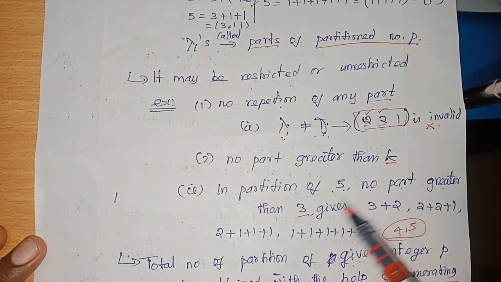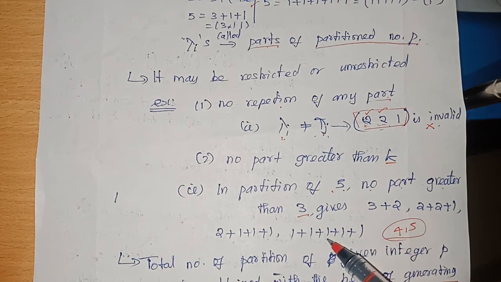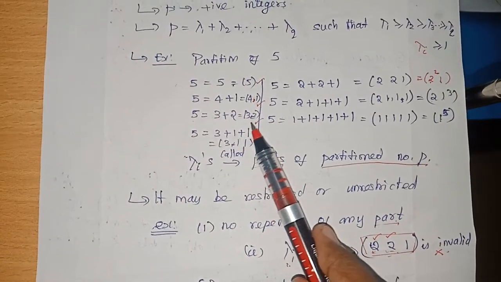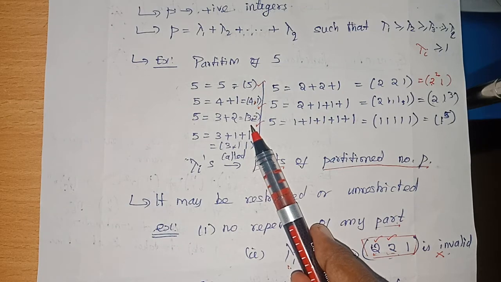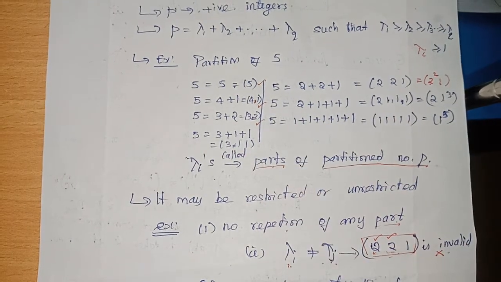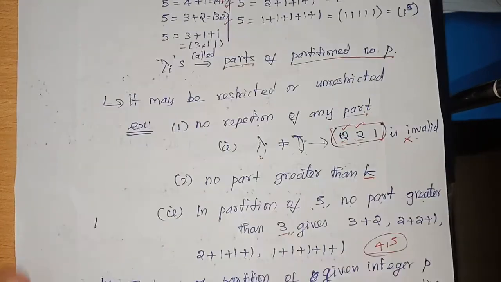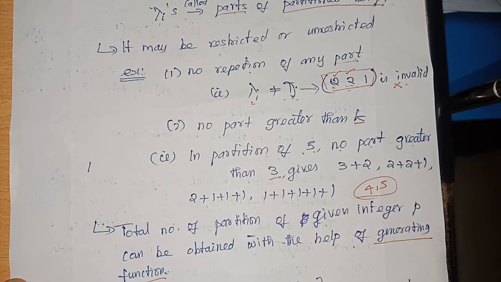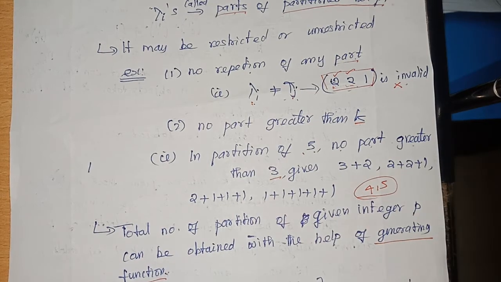Less than or equal to 3, or no part greater than 3, both are the same. So less than or equal to 3 includes the third example, fourth, fifth, sixth, and seventh one. The first two will not be included, that is, only numbers less than or equal to 3. So 4 and 5 should be excluded from the partitions.